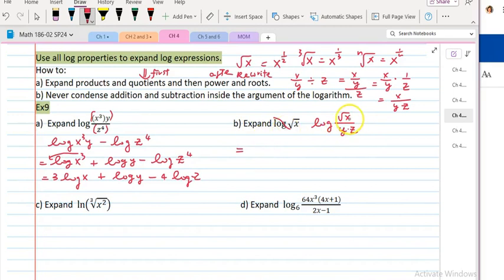We expand the quotient, as if they have a parenthesis. I can expand first, and then after that we do a rewrite. Minus log of the whole thing, y times z. This is not subtraction, but it's like a subtraction.